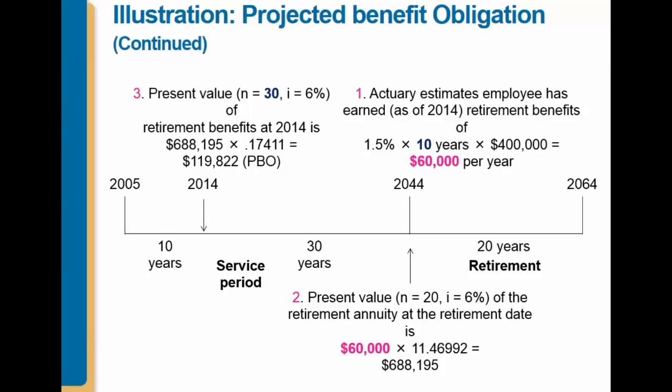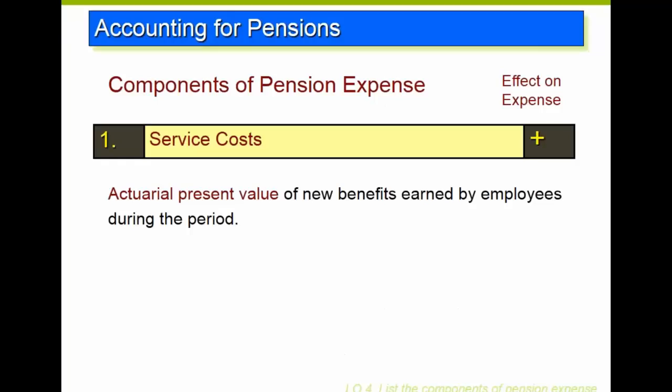N is 30, so we are discounting this for a 30-year period. We're still using the discount rate of 6%. And what we're saying is that the PBO, as of 2014, is $119,822. Next year, it's going to be more for two reasons. There's now one less year to accumulate the money, and there is also the fact that he or she has 11 years of service as compared to 10 years of service.